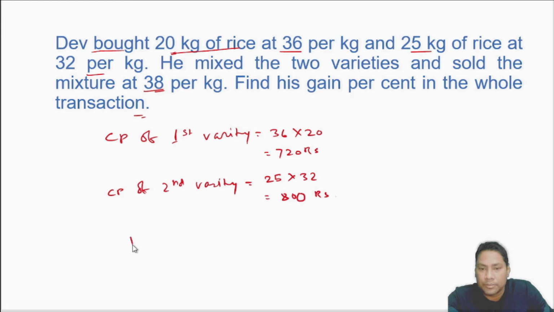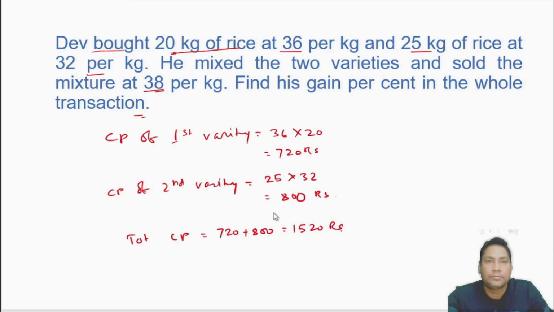Now the total cost price: we will add both the varieties, that is 720 plus 800, this becomes 1520 rupees. Now we will calculate the selling price of the whole rice. Selling price becomes 20 kg plus 25 kg, the whole multiplied by the per kg rate, that is 38.